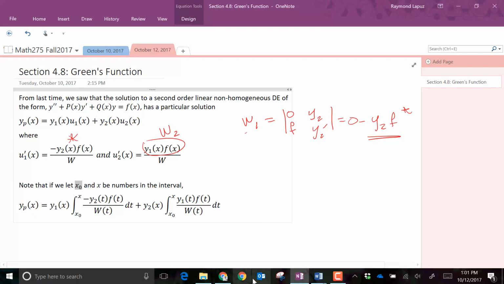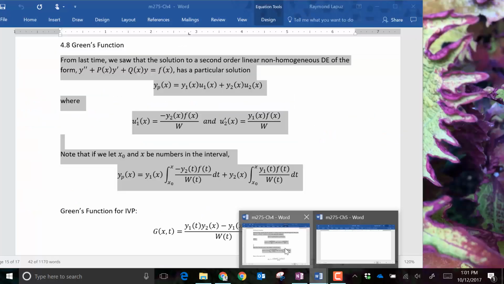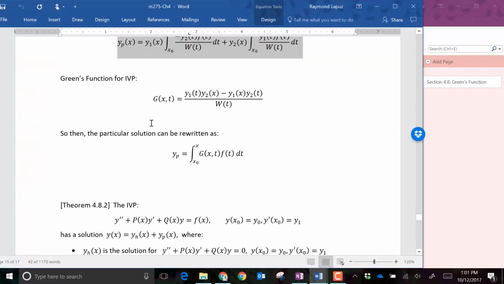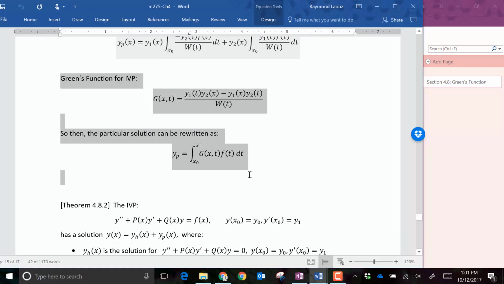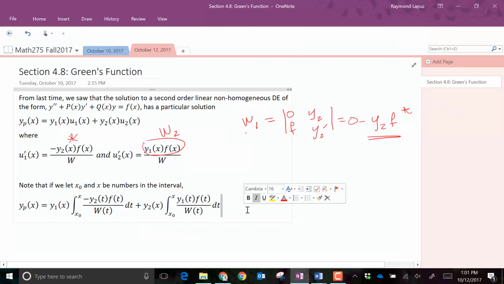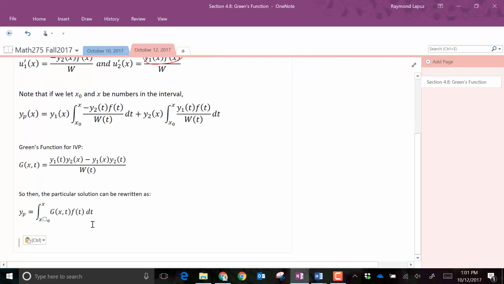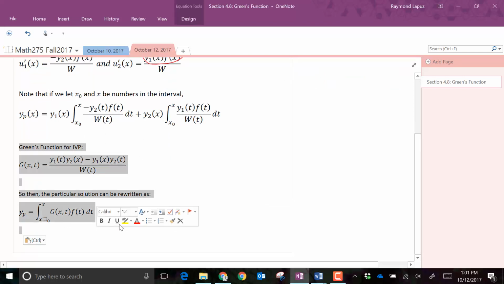Okay, so I think there's a formal definition here. Green's function for initial value problems is going to be given by this. So this is our formal definition for Green's function.